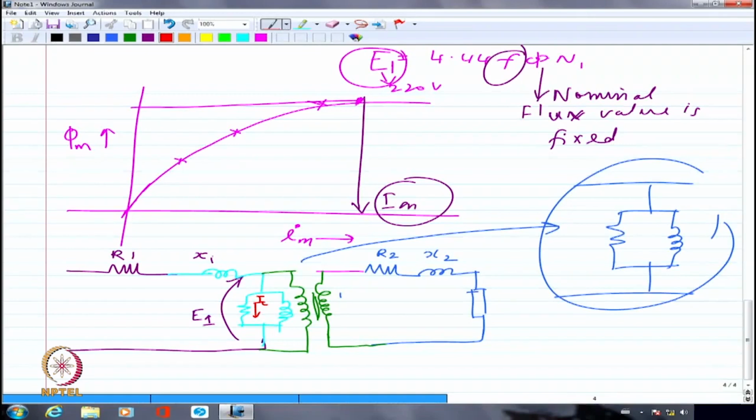Okay? And I am going to have certain flux established because of this magnetizing current. So that should also be whatever is my reluctance of the entire core I calculate and so on. I should have N1 times Im divided by the flux is the reluctance of the core. That is how it should come up.